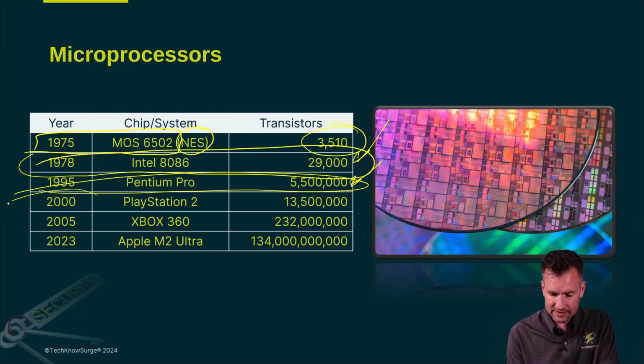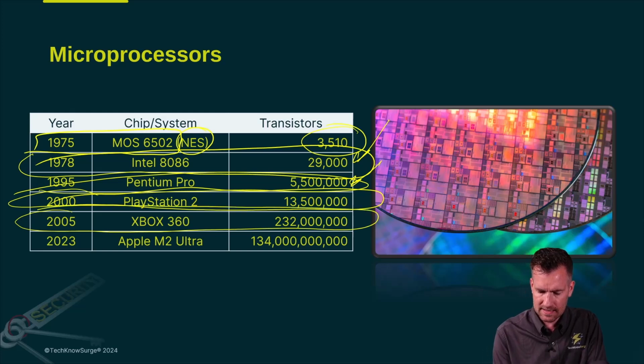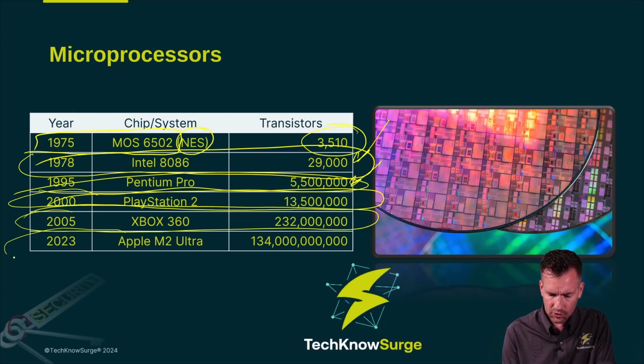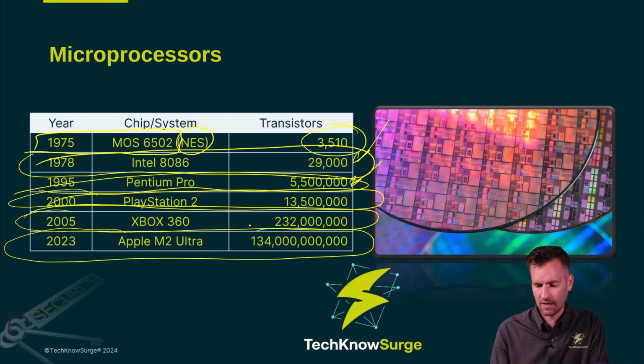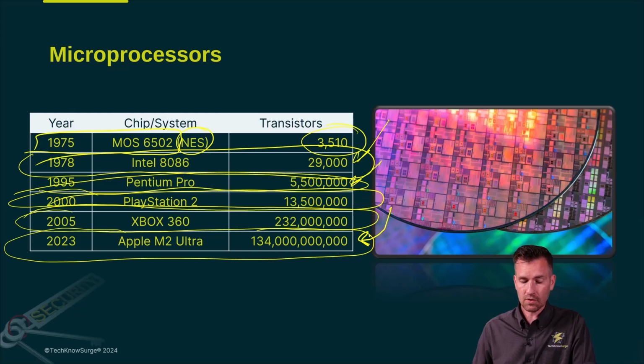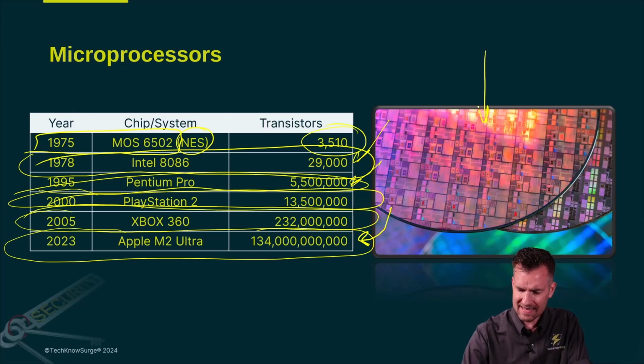The PlayStation in 2000 has 13.5 million. The Xbox 360 in 2005 has 232 million. And the Apple M2 Ultra, which is a lot of transistors even by today's standards, has 134 billion transistors in it.